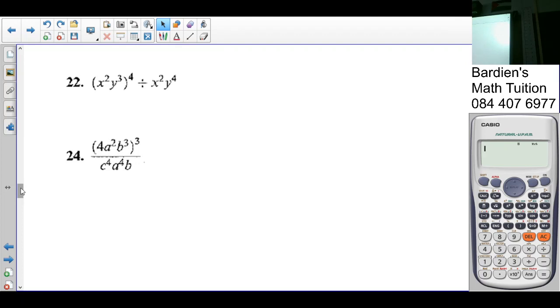So, if you got 1 over 2, or 1 divided by 2, we know that is 1 over 2, not some fraction form. Likewise here, you can sort out this exponent, so that will be x to the exponent 8, y to the exponent.